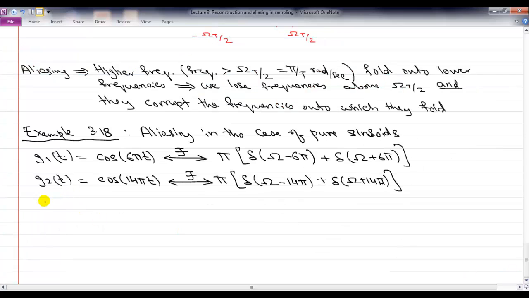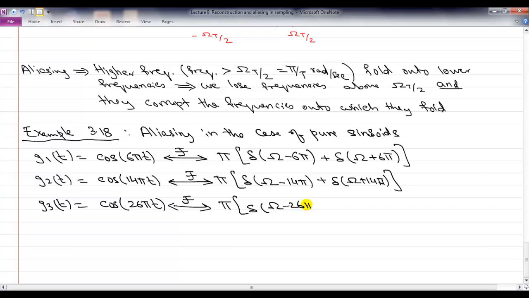And the last one is g3 of t equals cosine of 26 pi t. So it looks like delta of omega minus 26 pi plus delta of omega plus 26 pi.